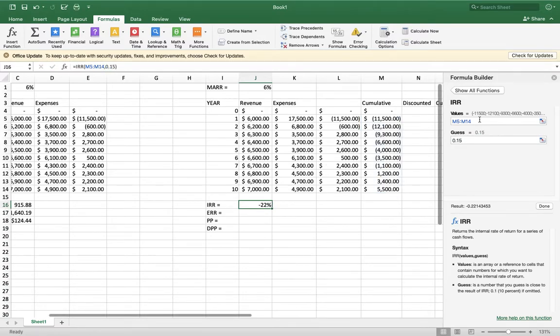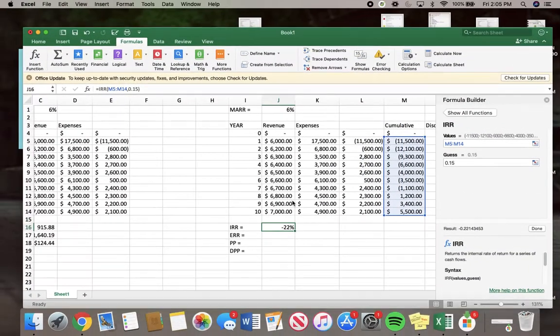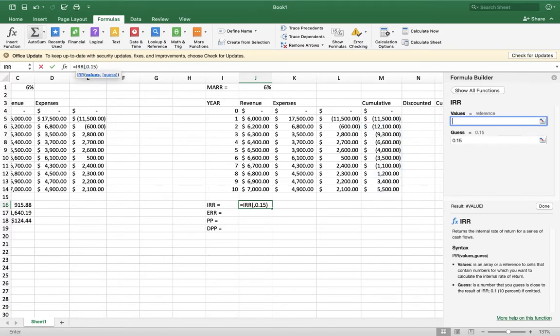I'm sorry, those are the wrong values. Give me just a second. So I'm sorry, the IRRs are not going to be that column of values.